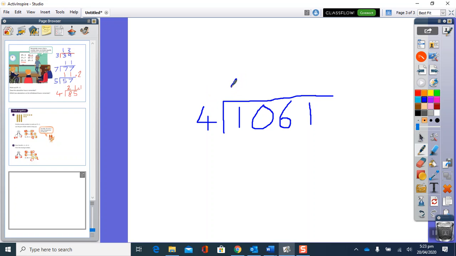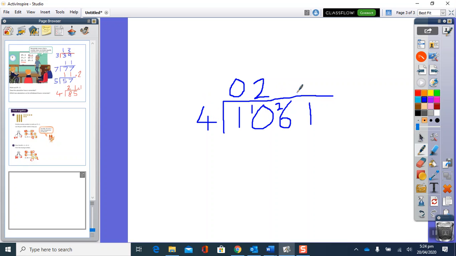Now that doesn't work, so I'll put a 0 there, and I'll carry my 1 to the hundreds column, so that's now 10. 4s into 10 goes twice, so it's going to be 2 up here, and I'll carry the 2 that's left over to here, making a 26.